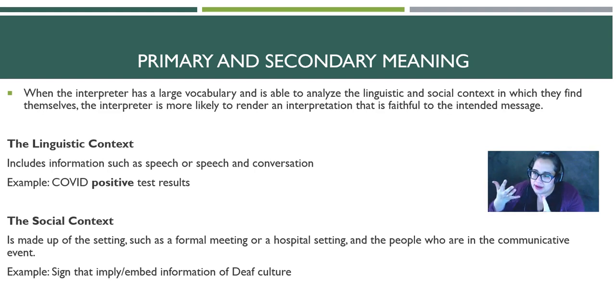You expand on it because of the setting. And it's not changing the meaning, but it's adding clarity to the message, because you have to understand, again, the linguistic context and the social context in order to deliver the most appropriate interpretation, still faithful to the intended message.